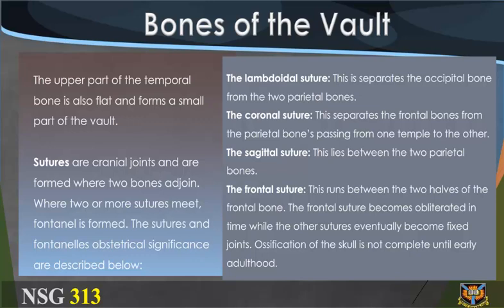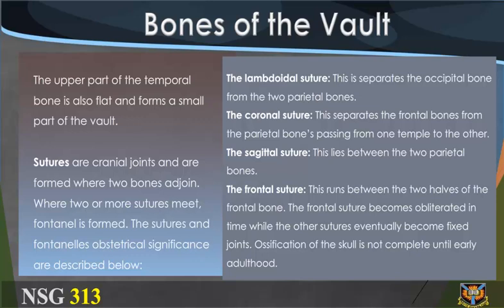The lambdoidal suture. This separates the occipital bone from the 2 parietal bones. The coronal suture. This separates the frontal bones from the parietal bones, passing from one temple to the other. The sagittal suture. This lies between the 2 parietal bones.